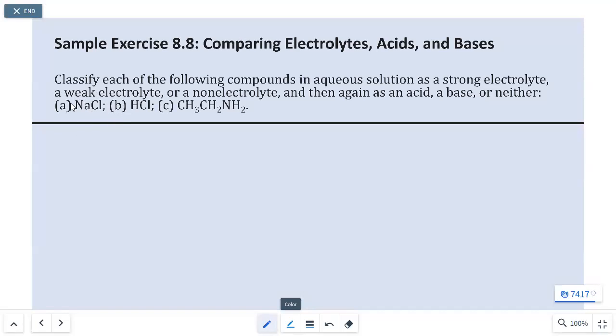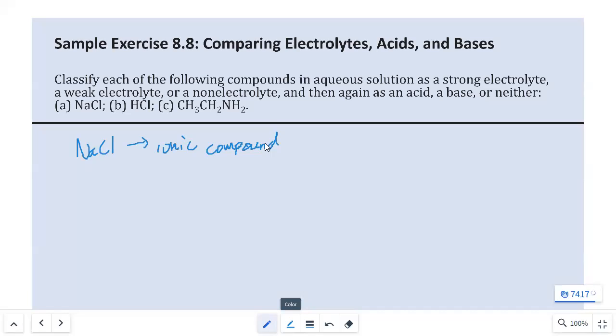So we start with sodium chloride. Sodium chloride, we can very clearly see is an ionic compound. How do we recognize it as an ionic compound? Well, we've got a metal and a non-metal. Kind of the easiest way to pick out an ionic compound.